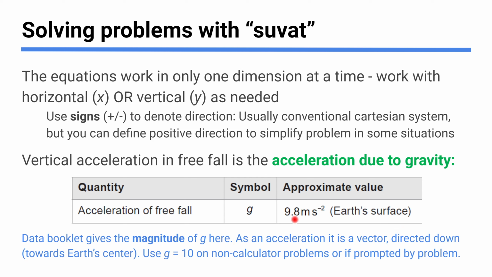So we're going to make that negative in SUVAT problems almost always. Sometimes if there's a no-calculator problem where they ask you to estimate, or if the problem prompts you, the IB will say you can use g as 10. It's close enough when rounding, you'll be very close to the right answer. But otherwise, use 9.8, grab that calculator, and go from there.